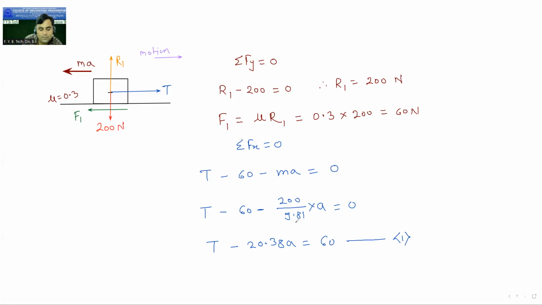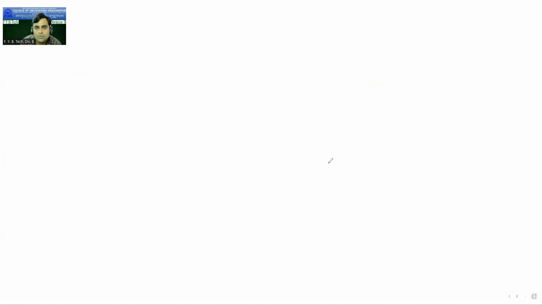Similarly, draw the free body diagram of the second block also, the 800 Newton block. Again, the same things will be there. Here it is the frictional force F2 for the second block.